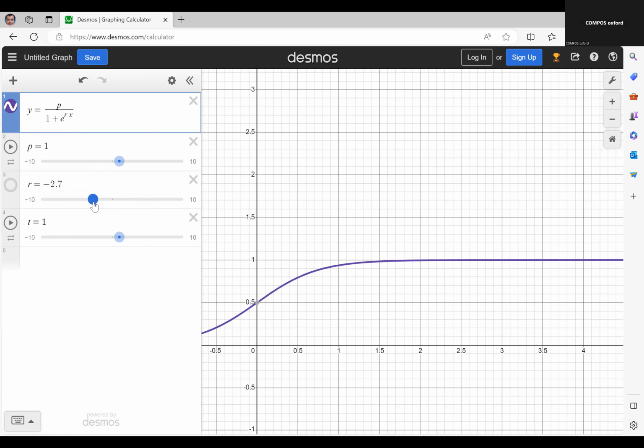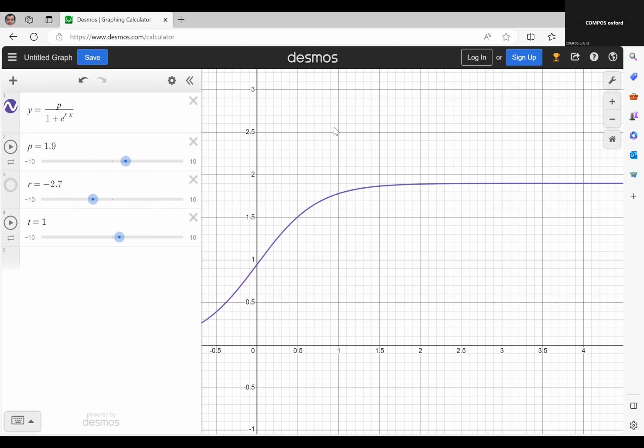Okay, and so there we've got exactly the type of function that was suggested by Edith.